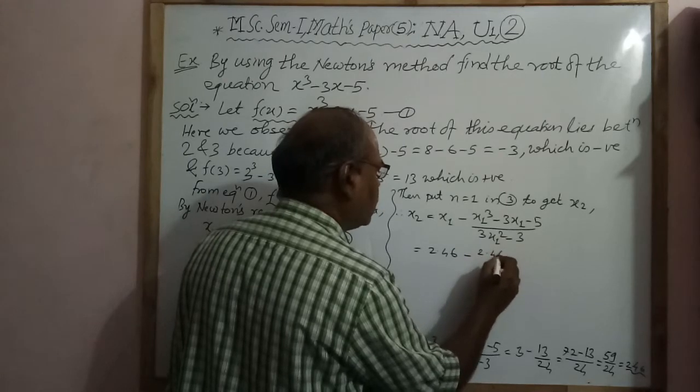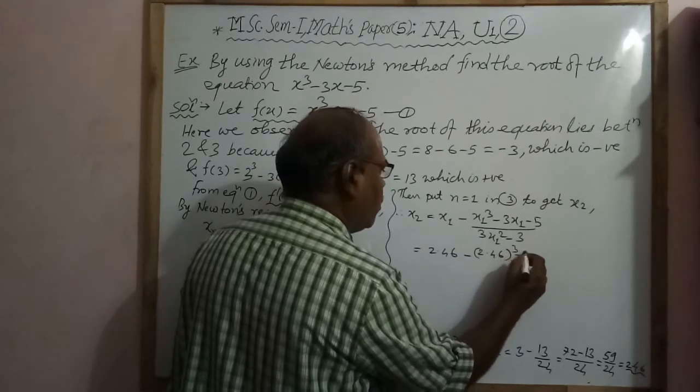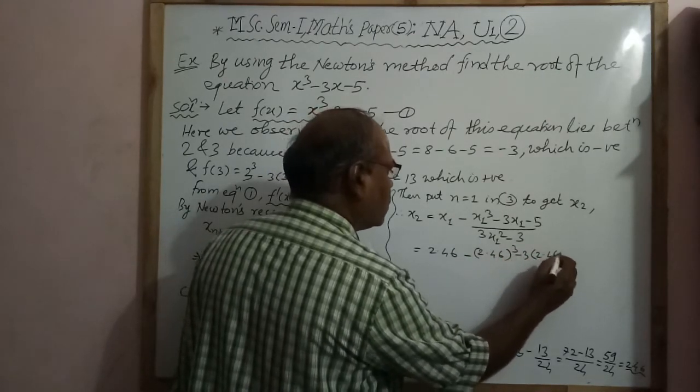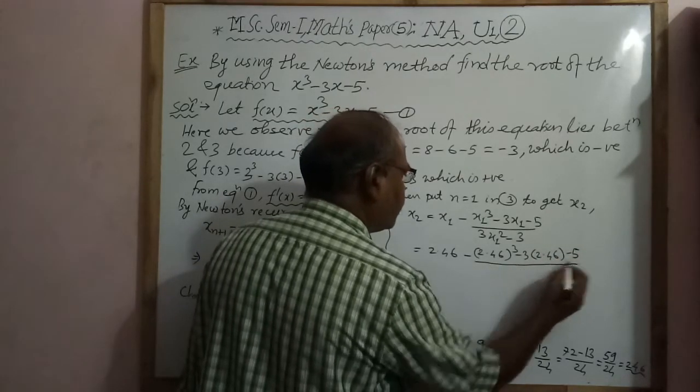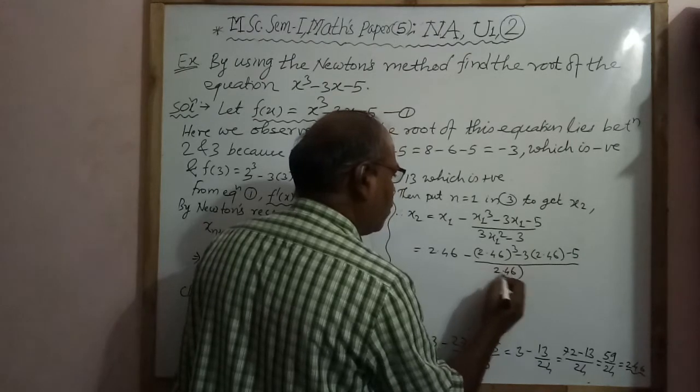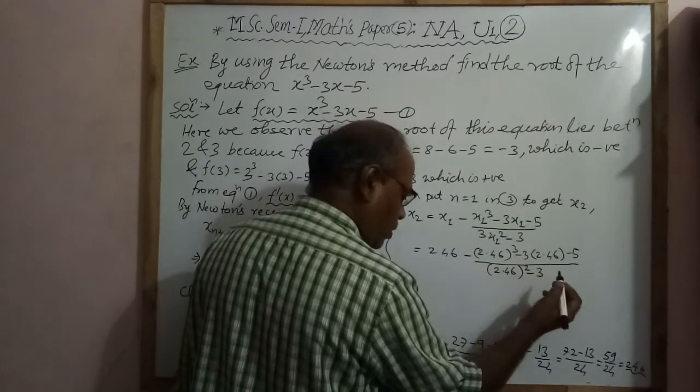Now put x1 equal to 2.46. 2.46 minus 2.46 cube minus 3 into 2.46 minus 5 divided by 2.46 square minus 3.